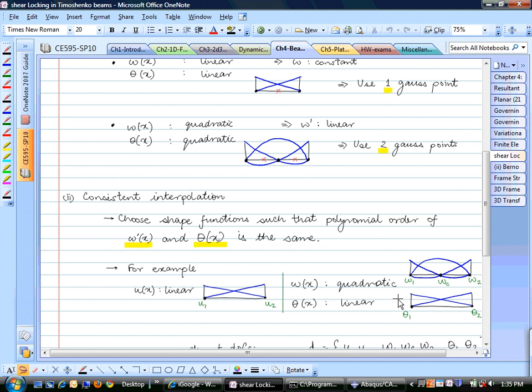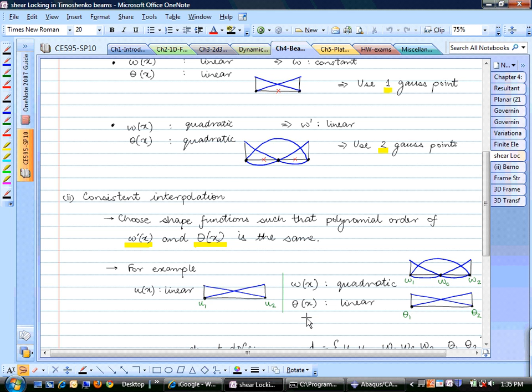Another way to do that is to use consistent interpolation. What that means is that for the transverse displacement of the beam, that is W, you use a higher order shape function, and for theta, you still use a linear. So when you take the derivative of W, that's W prime, that would become linear, and that would be the same order as theta.